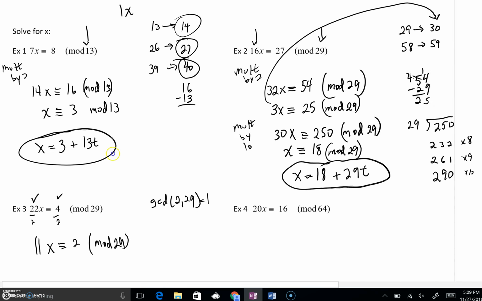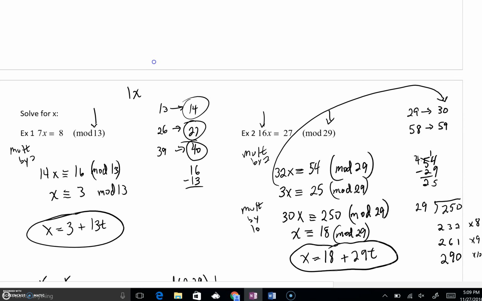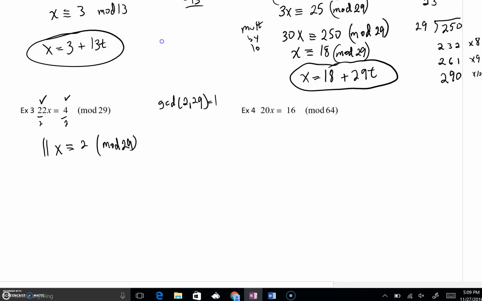That's really what this property of division is saying right here. If the number you're dividing by and the mod itself don't have a common factor, in other words, that number doesn't divide in, the GCD is 1. And that, thankfully, is going to make the problem so much simpler.